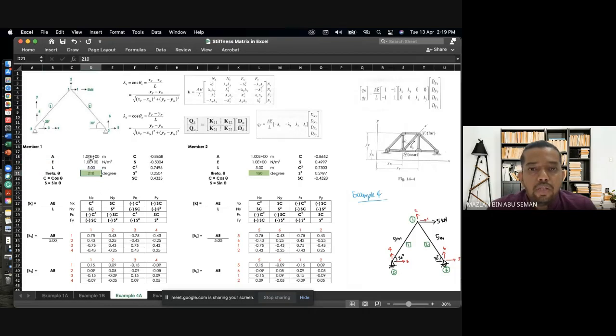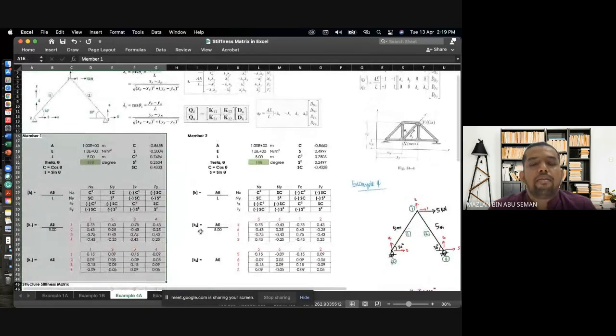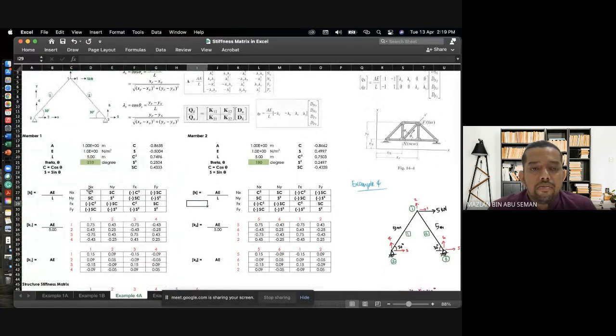So once you are done with this set, for example, you have done member 1 here. This is the stiffness for member 1. In here, this matrix, you know, right? Lambda X squared, lambda X lambda Y, everything. You arrange in here, then you calculate each single entry to get K1.